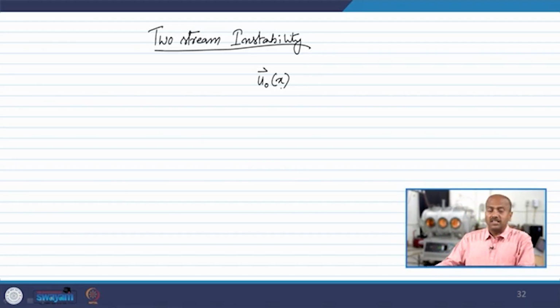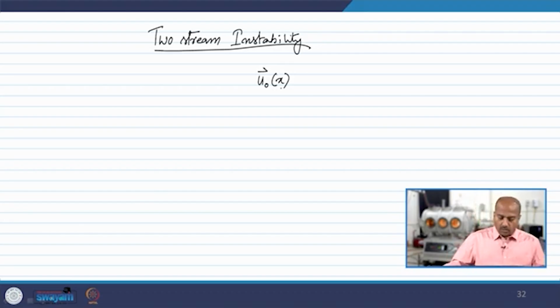What is the system? The system is a two fluid plasma in which both the fluids are drifting with respect to each other. So, they are not in cohesion, they are not moving together with the same velocity, rather there is a relative motion involved between these two fluids. That is why there may be a chance that some instability may occur and grow with time.